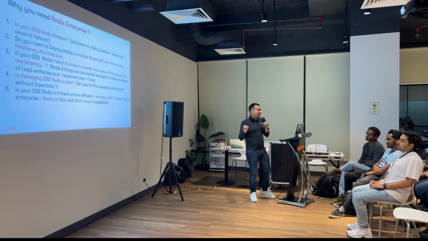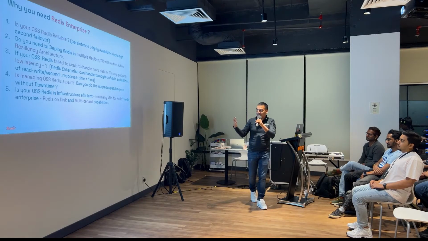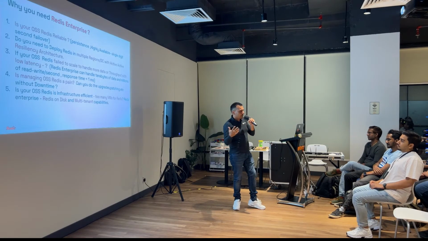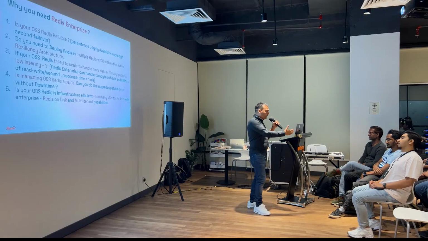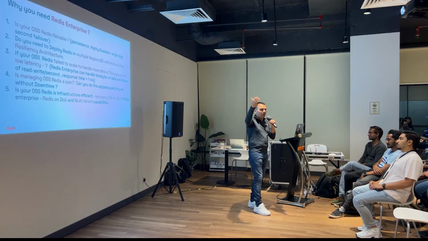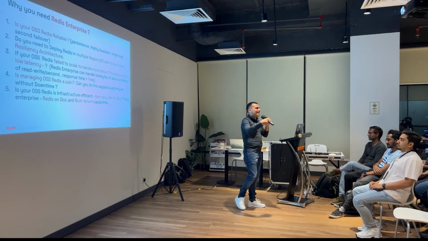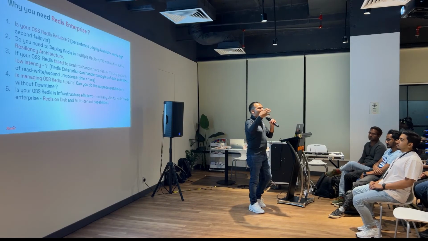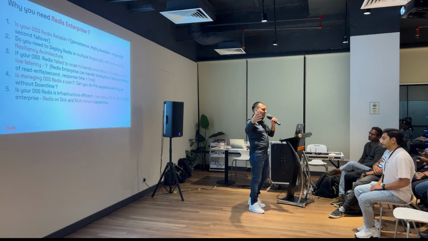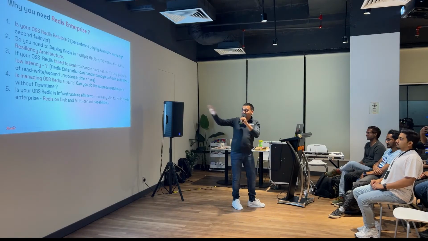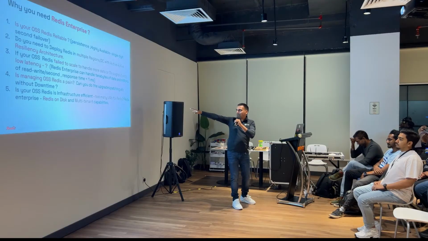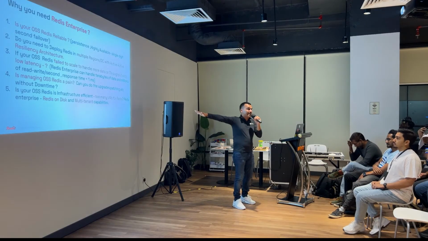Is your OSS Redis infrastructure being used efficiently? One of the limitations with any competitor like ElastiCache, as I was discussing with some folks here, is that every time you need a Redis cluster, you have to spin up separate databases. With Enterprise, you don't need to, because we have something called multi-tenancy.